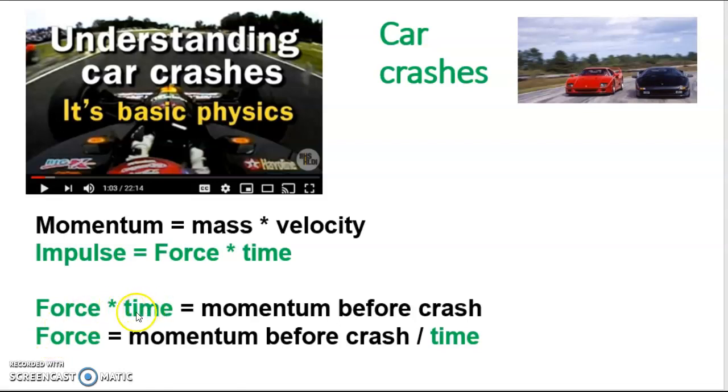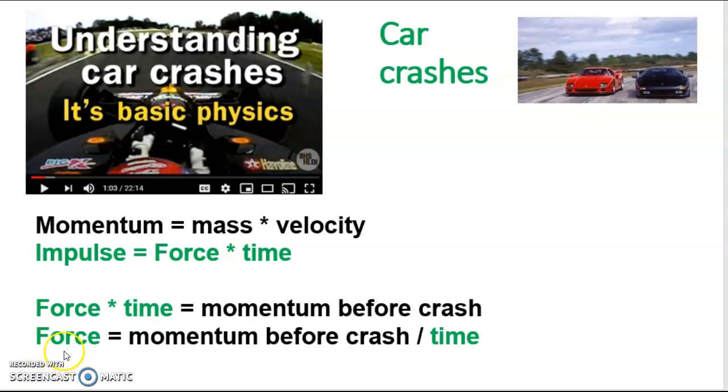If we simply divide both sides by time here in this equation, we get force equals the momentum before the crash divided by time. And this is really what being safe in a car crash is all about. It's keeping the force that a person experiences as low as possible.